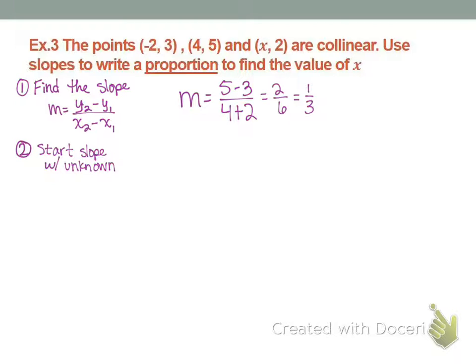We have to use the unknown one as one of our points. Which other one do you want to use? Okay, it doesn't matter to me. If you were to use the other one, your work will look a little bit different. That's fine. So we start finding our slope. We're not going to be able to finish it, but we'll start it. What would go in my numerator?